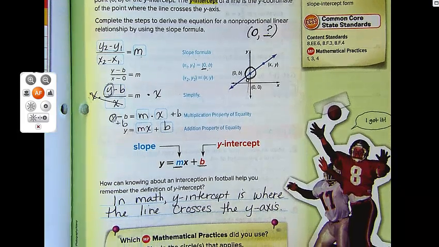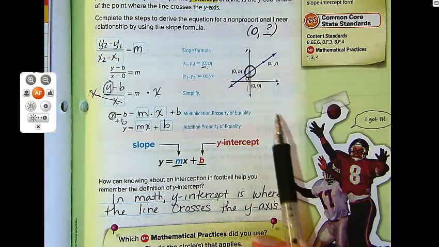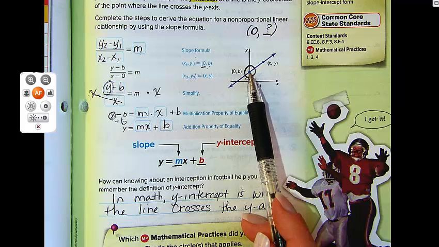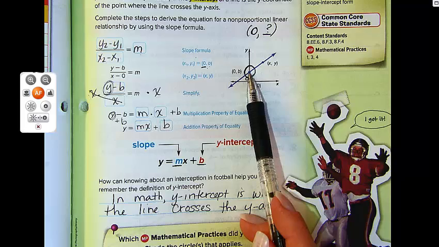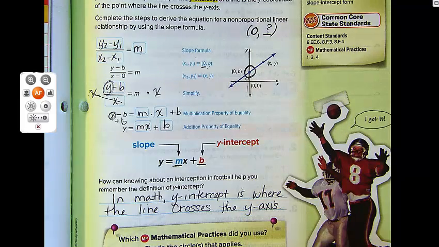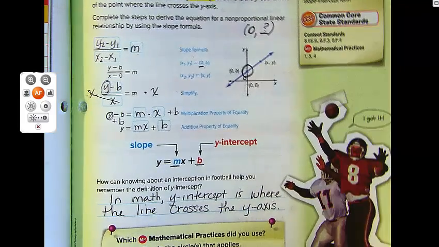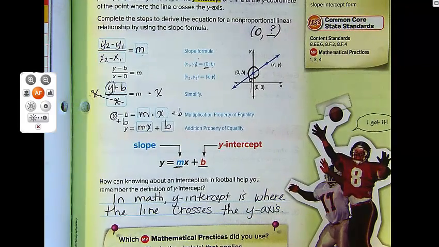And if you think of that, it's where this one crosses the y-axis. So if I think about where the ball is caught, it can be the moment of catching the ball. So that's how that can help you remember. If you just remember that the y-intercept is where it crosses the y-axis, I think you'll be okay.